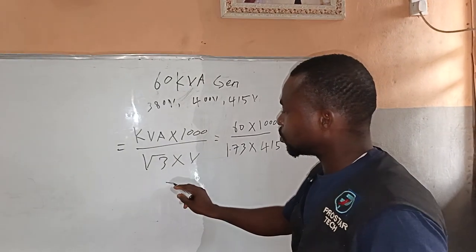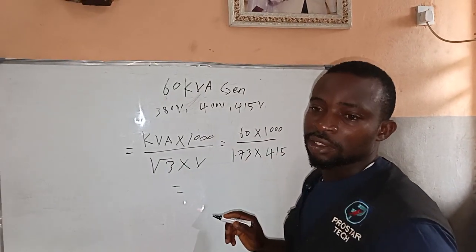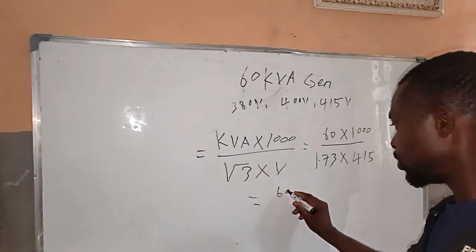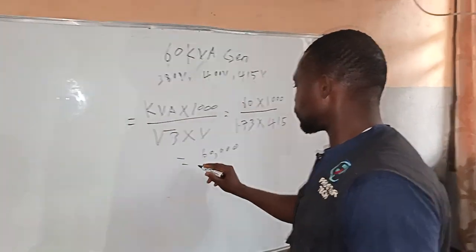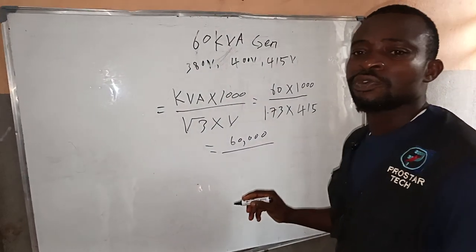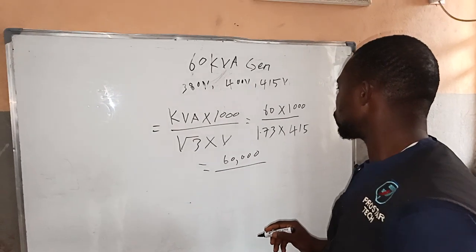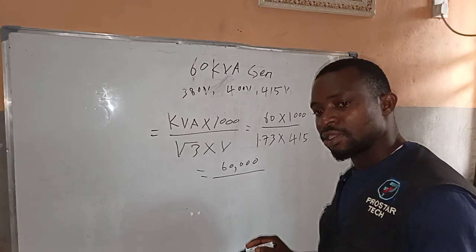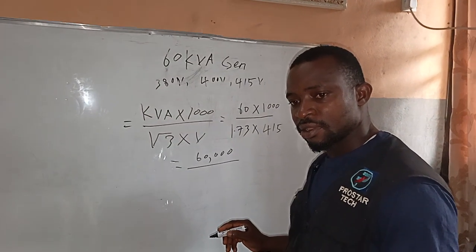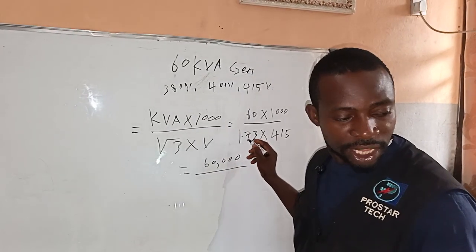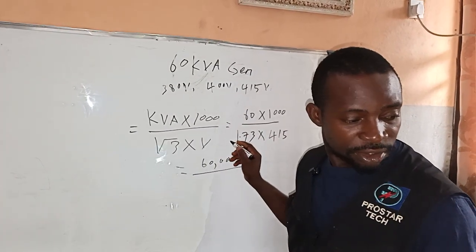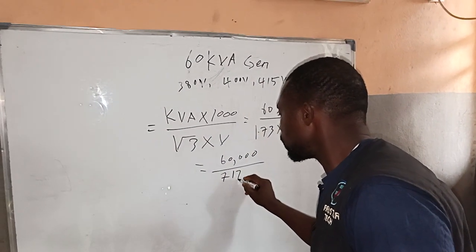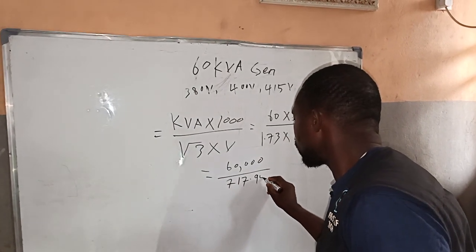So now we are coming to this place. 60 times 1000, that is 60,000. Am I right? Yes. 60,000 divided by 1.73 times 415. 1.73 times 415 is 717.95.